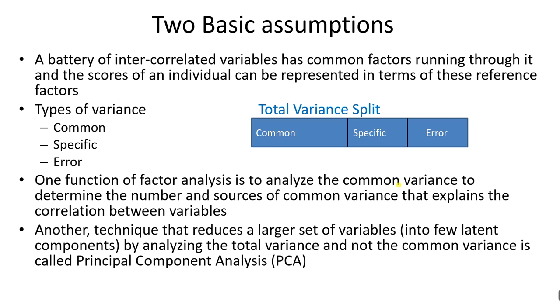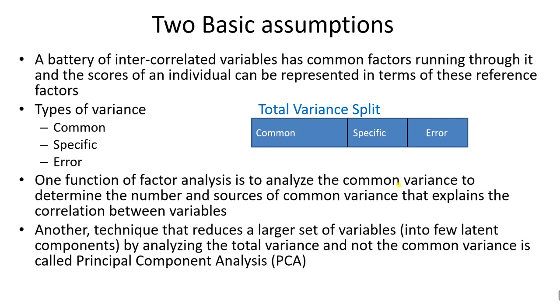So again, I am recapping this whole slide. The first assumption is that if there are a set of variables interrelated with each other, then we assume that there are some underlying common factors for their interrelationship. And if we know the reference factors or the common factors underlying those variables, then the individual's score can be represented in terms of those reference factors.